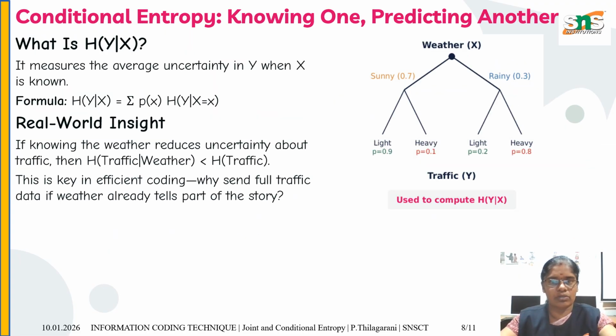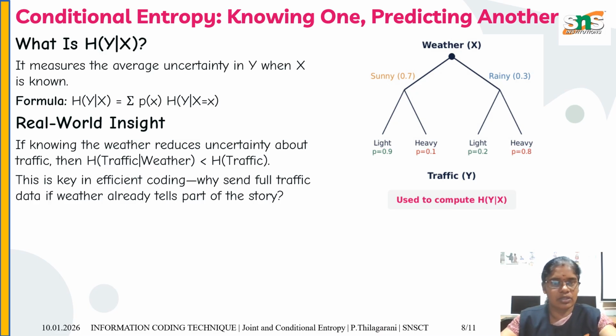Then conditional entropy: knowing one to predict another. What is H of Y given X? It measures the average uncertainty in Y when X is known. The formula is H of Y given X equals summation of p of x times H of Y given X equals x.